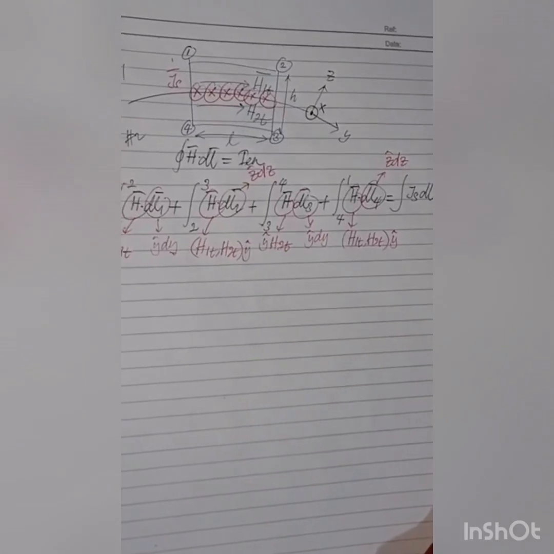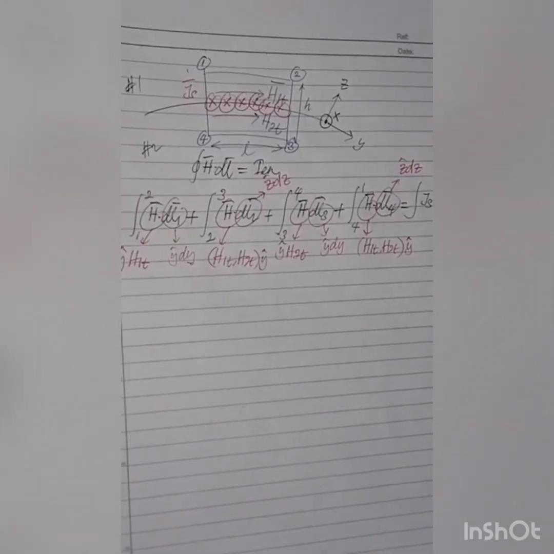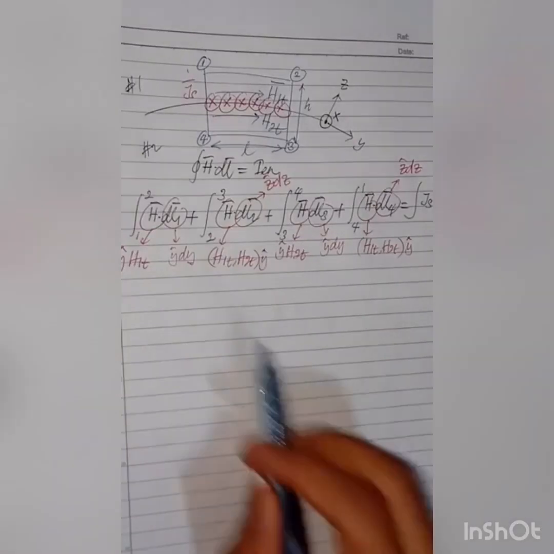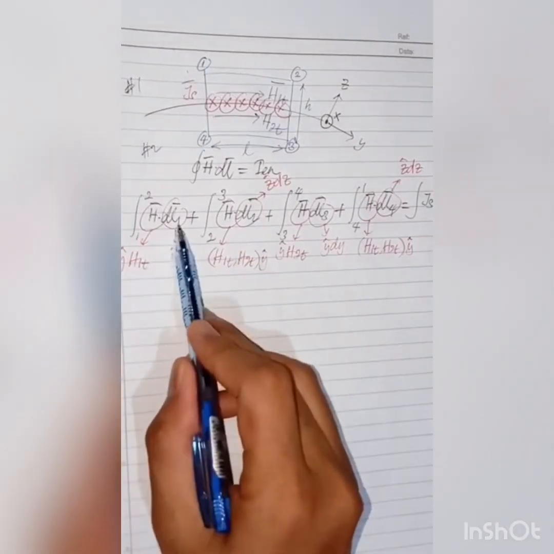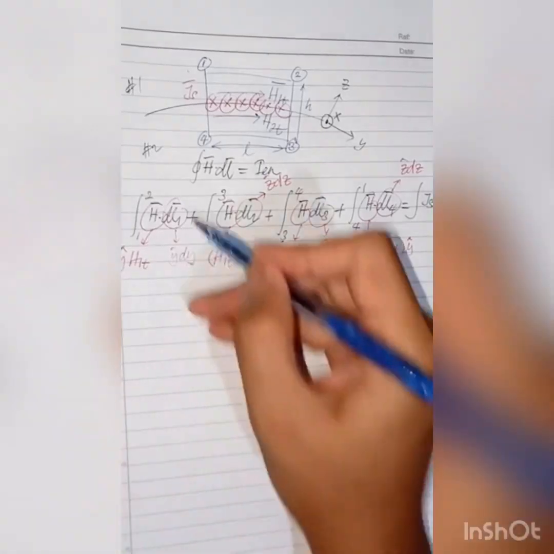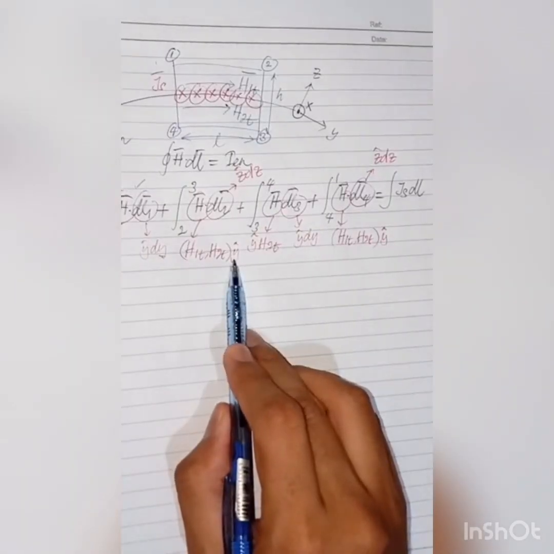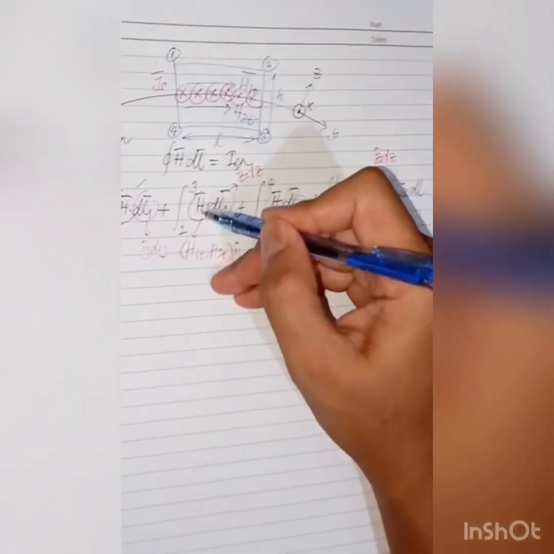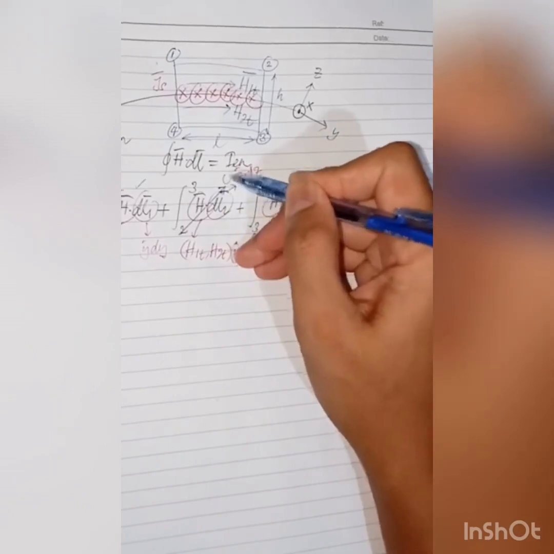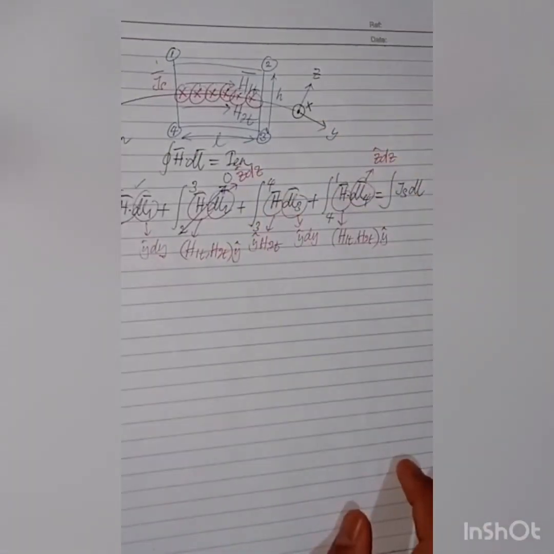Alright guys, so let's proceed to the dot product between the H and the L. If you see closely, one by one, now we are going to perform the dot product between H and L. Now y dot y, yes, we have this value, and then the next part here we have y dot z, so now we have a 0, because y dot z is 0.